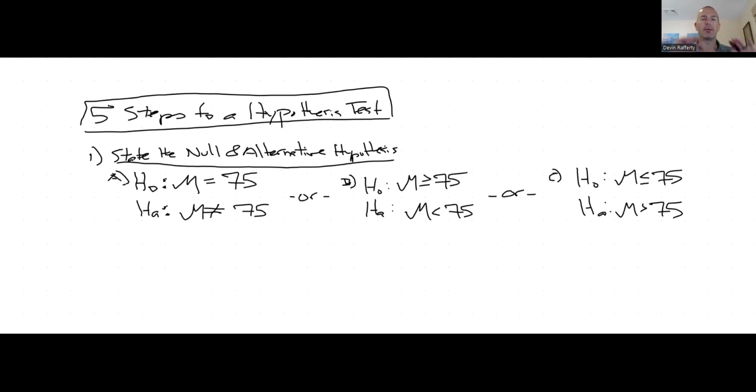Now, I started off this lesson by saying there's going to be a lot of bells and whistles, but at the end of the day, a hypothesis test, whether it's 1 sample, 2 sample, 20 sample, all we're doing is comparing a test statistic against a critical value.